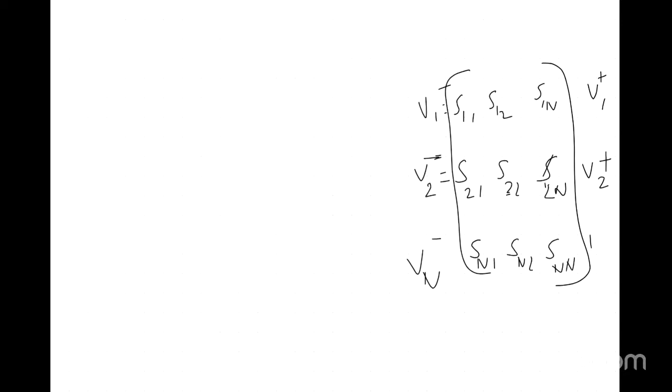So the final conclusion: output voltage equals S matrix times input voltage. This is the scattering matrix formulation. Now we will see this in the notes.